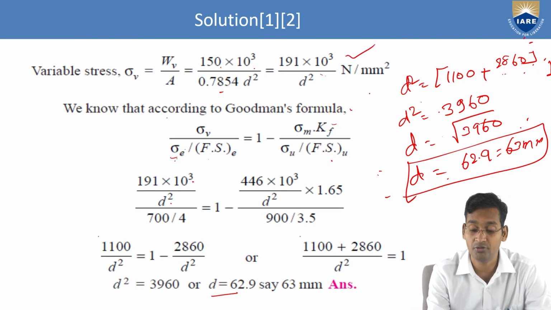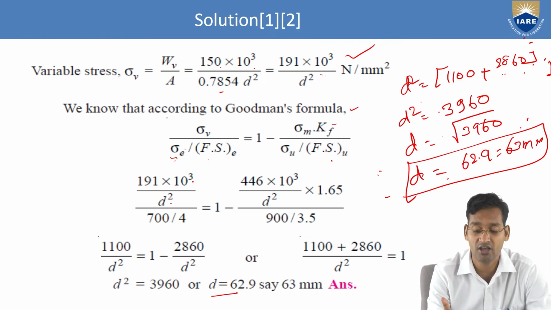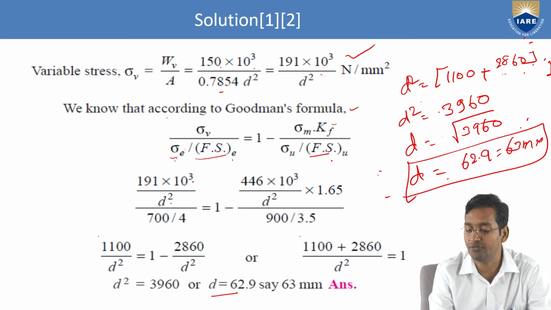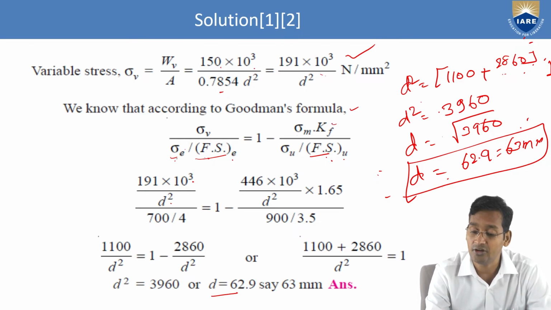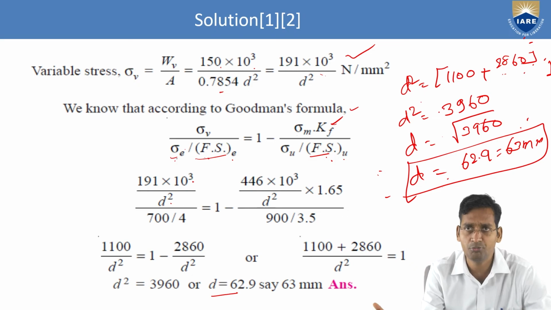Now from the Goodman formula, including the factor of safety and concentration factor. Here the concentration factor of yield strength is given. So the factor of safety for yield and the factor of safety for ultimate, these two are given. This is 4 and this is 3.5. And the stress concentration factor is given as 1.65.